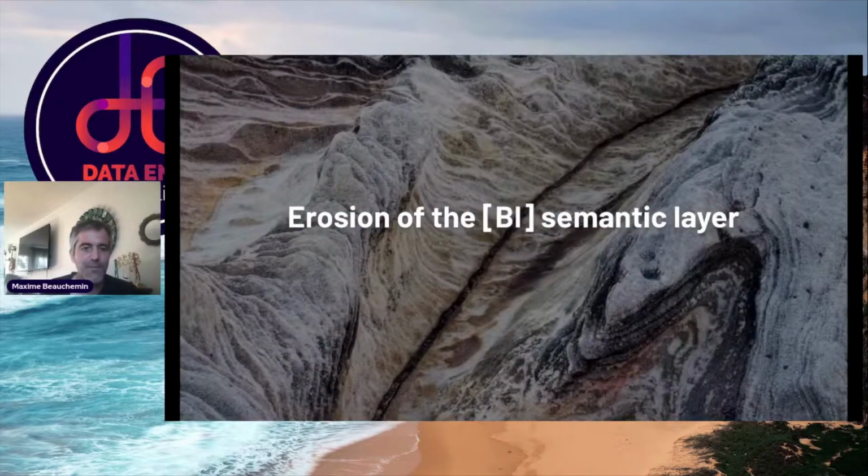This one I'm going to go through fairly quickly, is this idea of the erosion of the BI semantic layer.